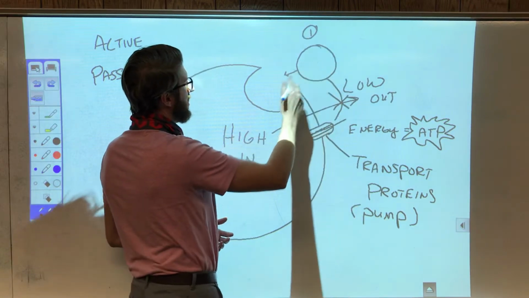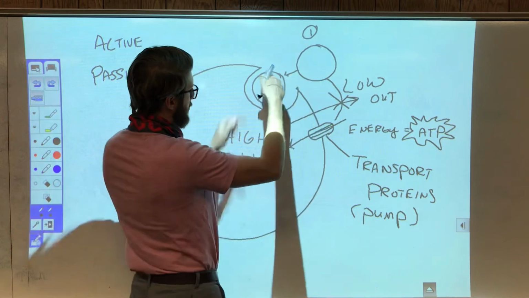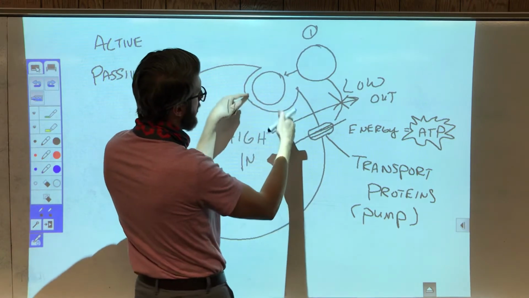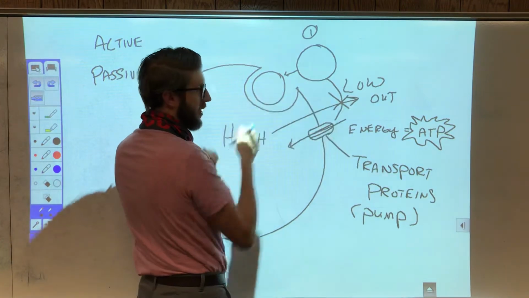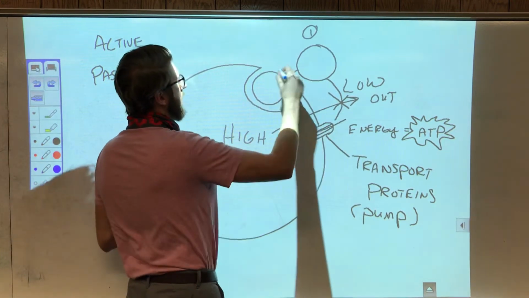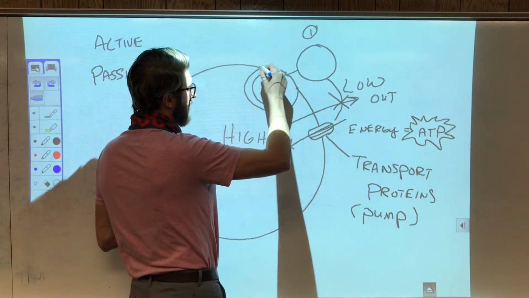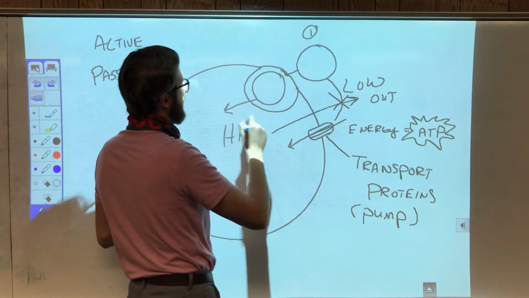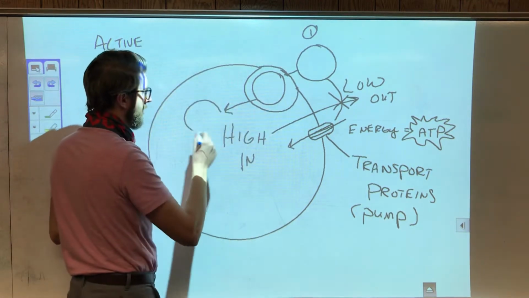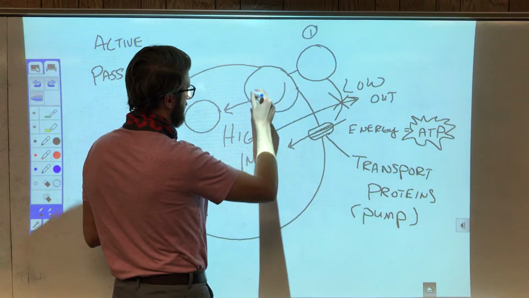It's outside the cell, and then step two, the thing goes and it makes contact with the membrane, and the membrane sinks in and wraps around the thing that you're trying to bring in. And then it will wrap all the way around and pinch and bring this in to here. And then this will pop back into place.